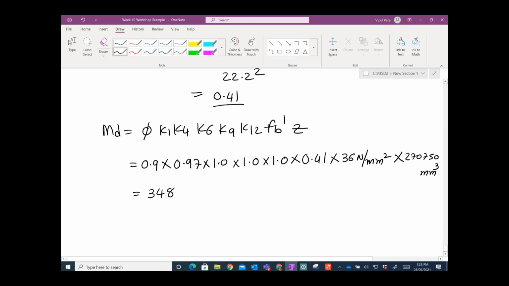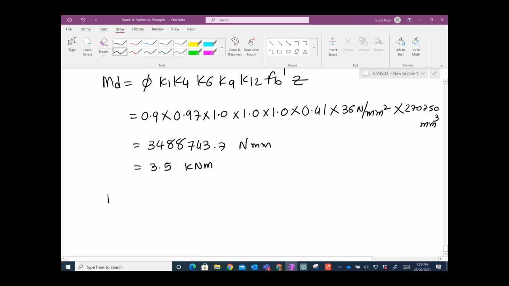You get 3,488,743.7 Newton millimeters. Divide by 1000 two times, you get 3.5 kilonewton meters.